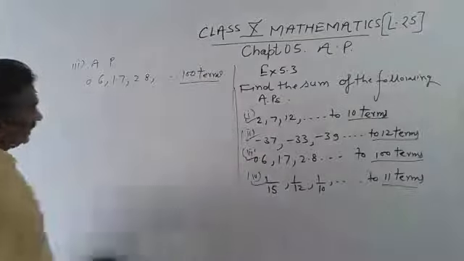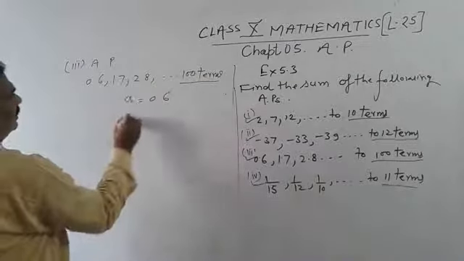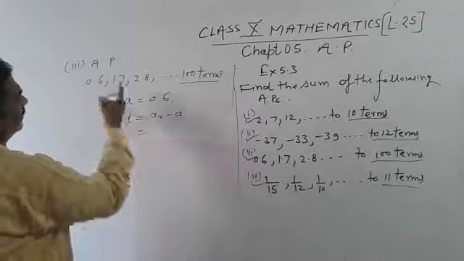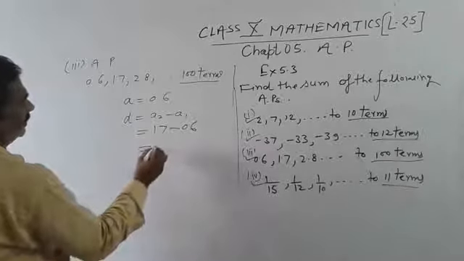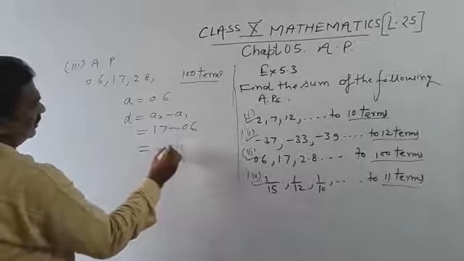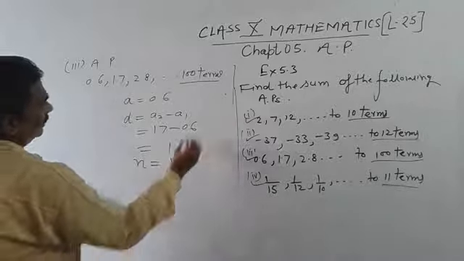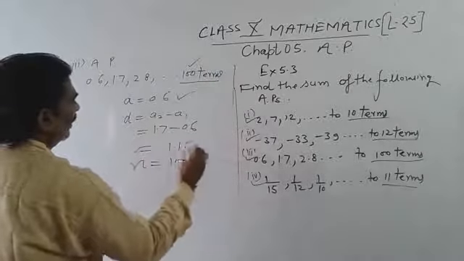So from this series we have a equal to 0.6 and d equal to a2 minus a1, term second minus term first. Term second is 1.7 and first is 0.6. Subtract here: 1.7 minus 0.6 is 1.1, and the number of terms is 100 here. Now we have a, d and n.